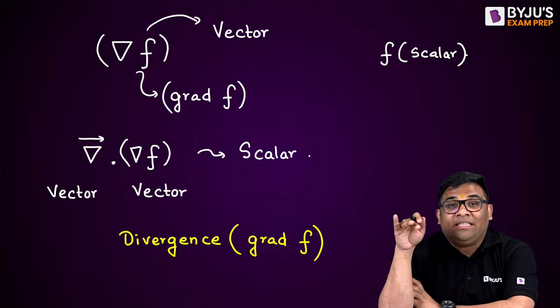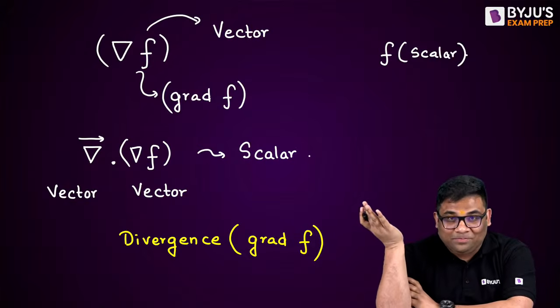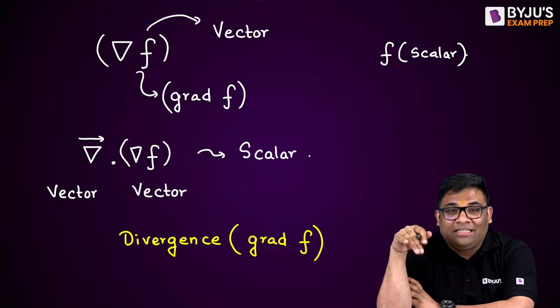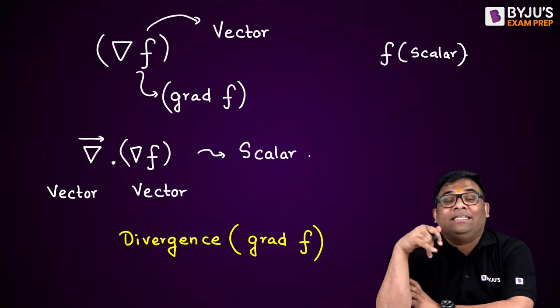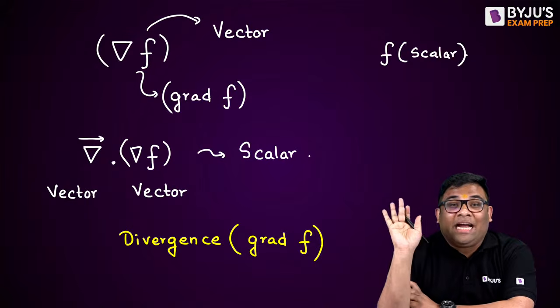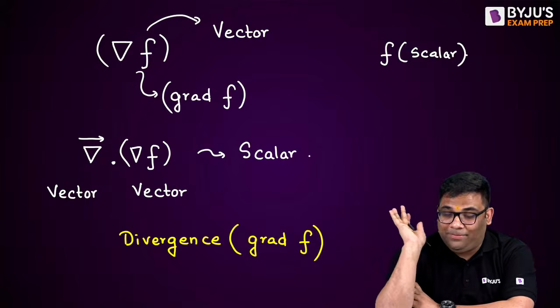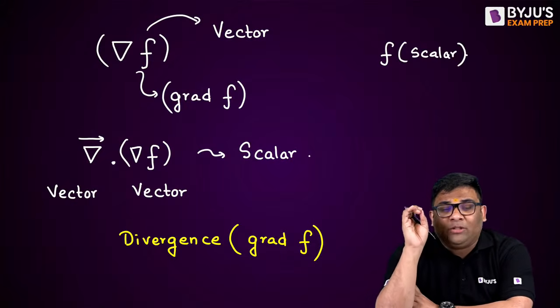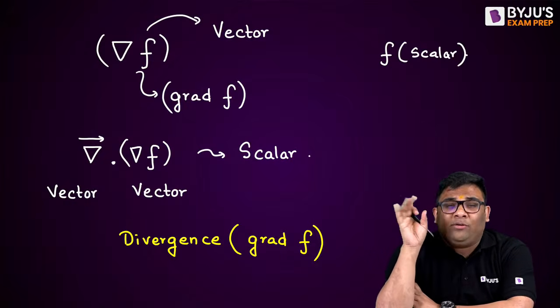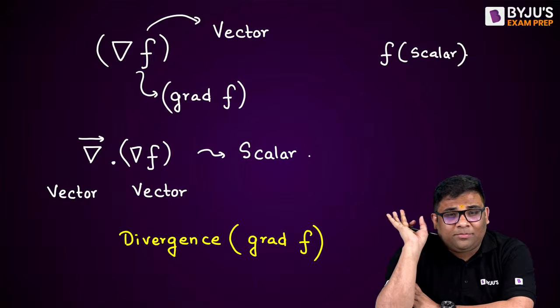So the divergence of gradient of f will give me a scalar. Such kinds of questions they can frame. Everybody understood how to solve? This will be a 1 mark question. If they ask you such questions, easily you can solve.